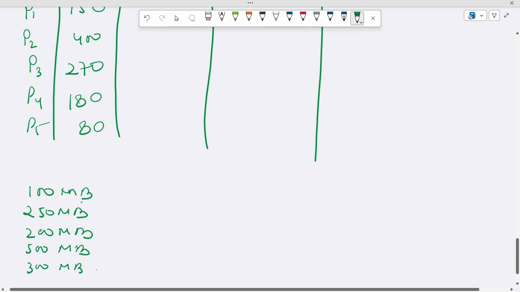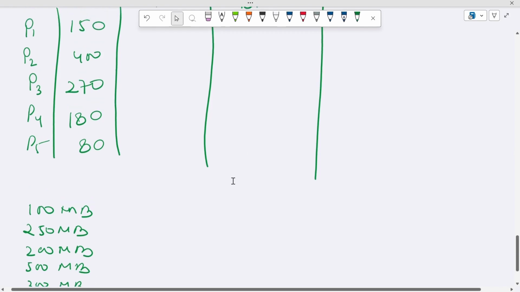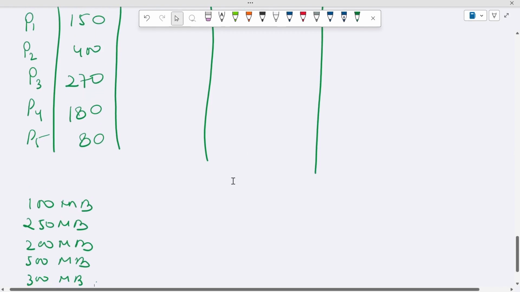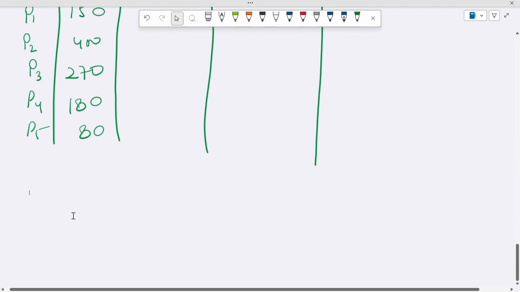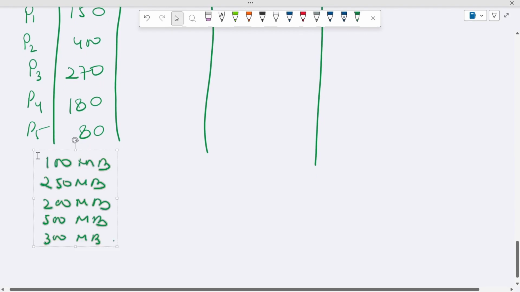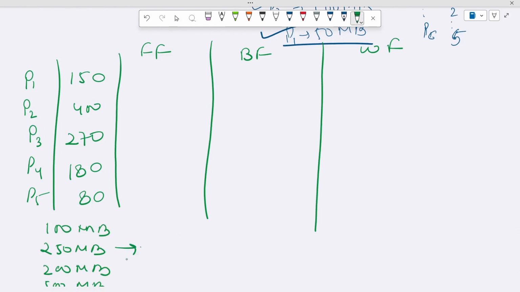Okay, so these are the 5 spaces in memory. Now, what you have to do is add these processes. That's it. Okay. These are the block sizes.